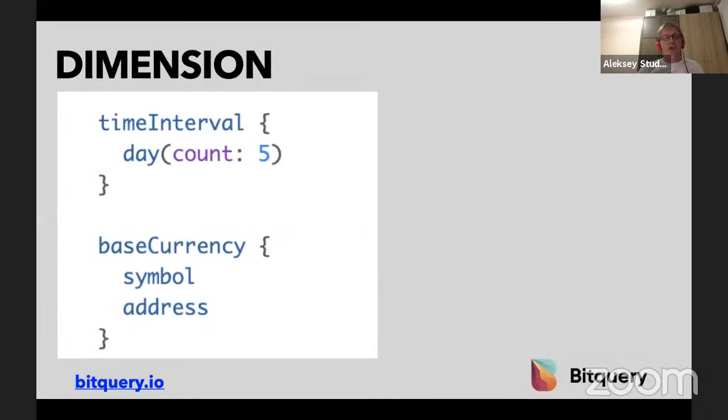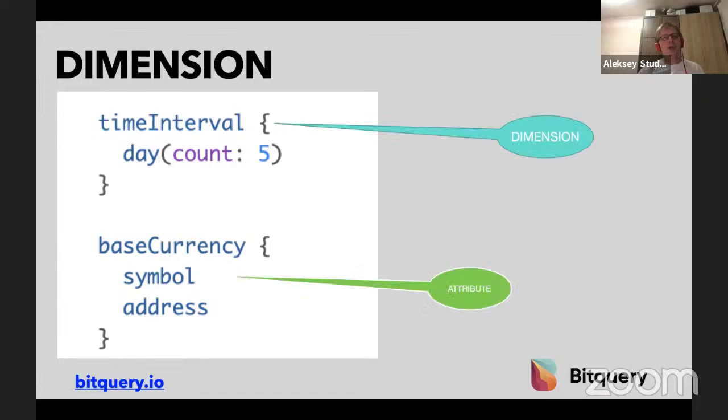So dimension, how I understand it in GraphQL. First of all, it is of course defined, all dimensions defined in schema. So you have a drop-down list of them when you create a schema. But it also has so-called attributes.